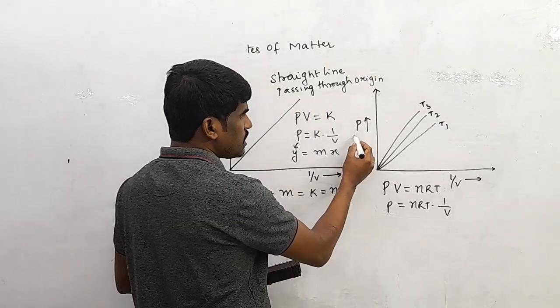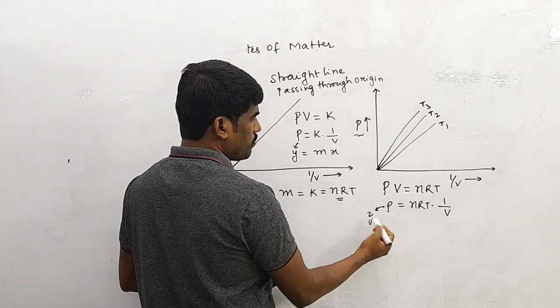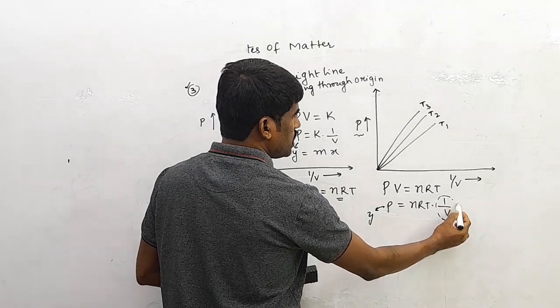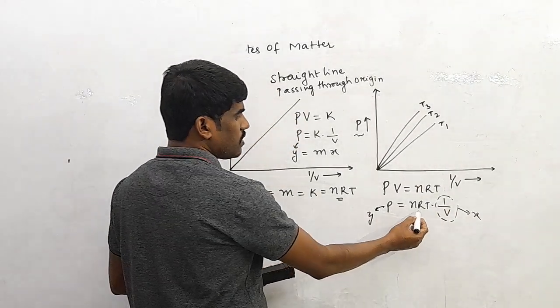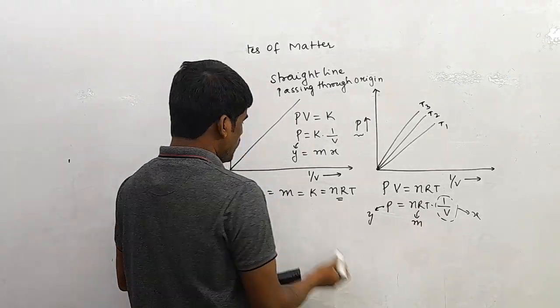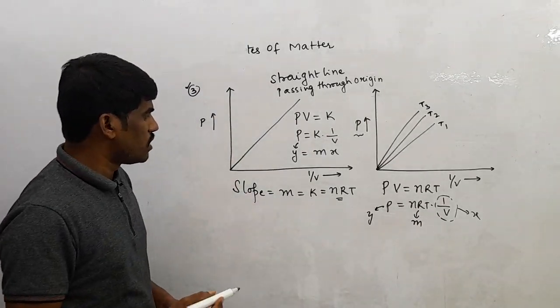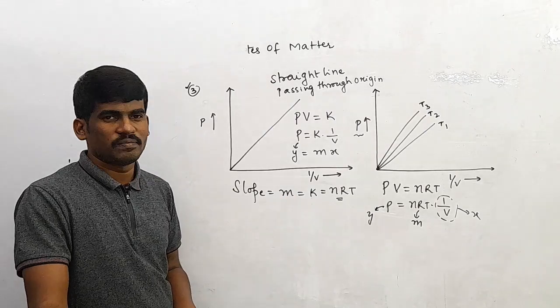So if you notice, P is on the Y component, 1 by V is on the X component, that is on the X axis of course. So y is equal to mx, where m is nothing but slope, slope in turn equal to K, K is nothing but nRT.